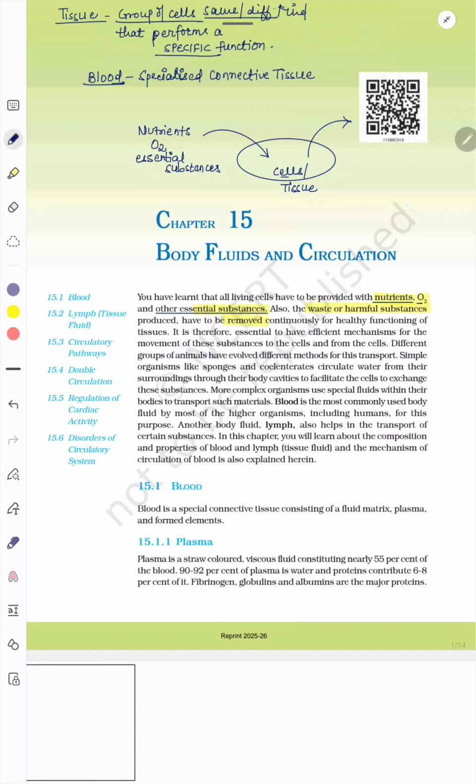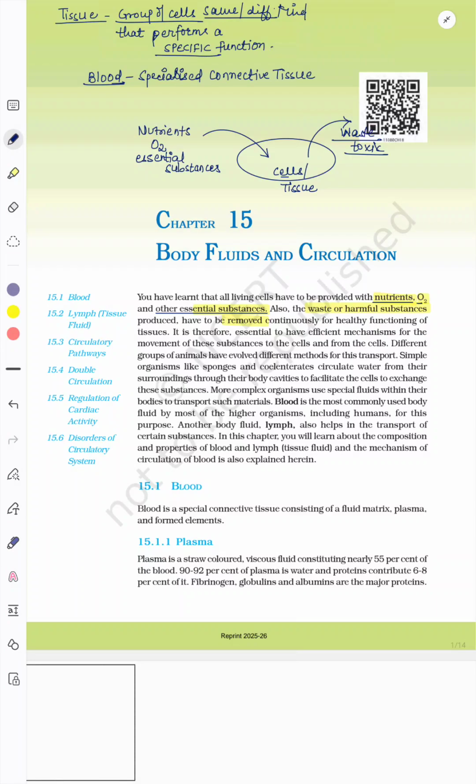And what are the substances that should be removed? Are the waste. So what is basically the waste means? When these cells undergo metabolism, the toxic substances that are produced should be removed out of the cells. So this is how the normal functioning of the cells is done.